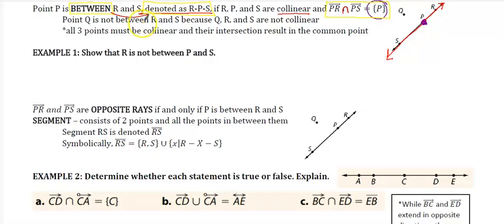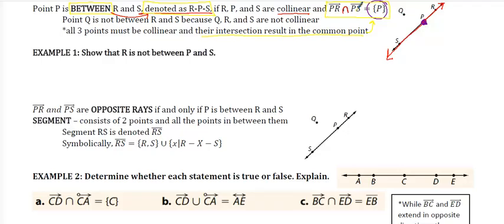So we know point Q is not between R and S because Q, R, and S are not collinear. They're not on the same line. So in order to be between, all 3 points must be collinear and their intersection results in a common point. You can say that or you can write it in that set notation, either one.